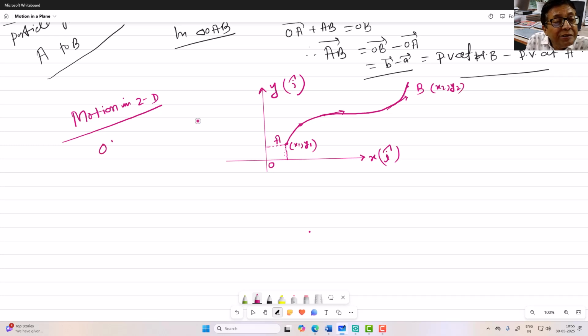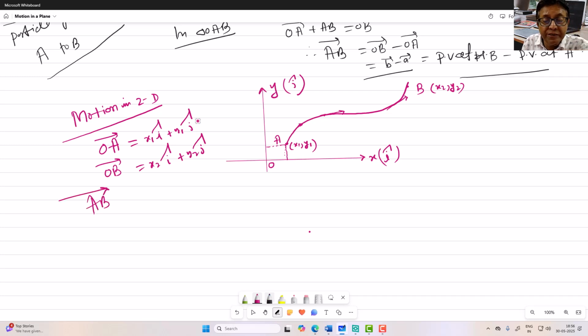Then, as you have seen before, in representation of vector in 2D and 3D, OA vector can be written as x1 i cap, y1 j cap. OB vector is what? x2 i cap, y2 j cap. Then AB is the displacement vector. A to B, if you join, then this is going to be the displacement vector.